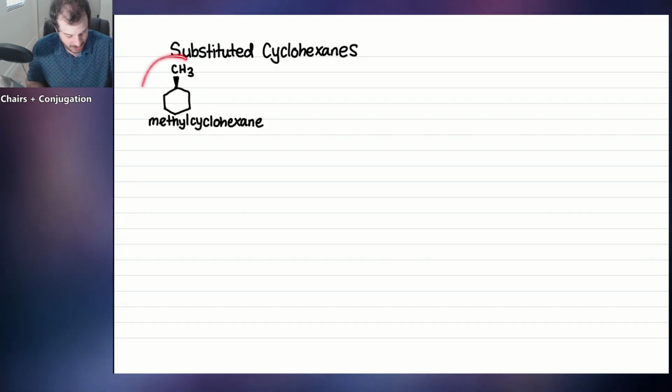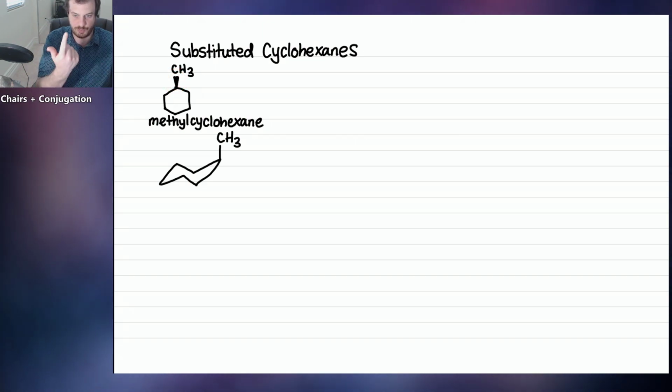This is the top-down view, but let's draw the side view, which is the chair. Okay, so here it is, and here is my CH3 group. It's pointing up. You saw how I made it a wedge. That meant it was pointing up, so when I draw my chair, I have the CH3 pointing up.